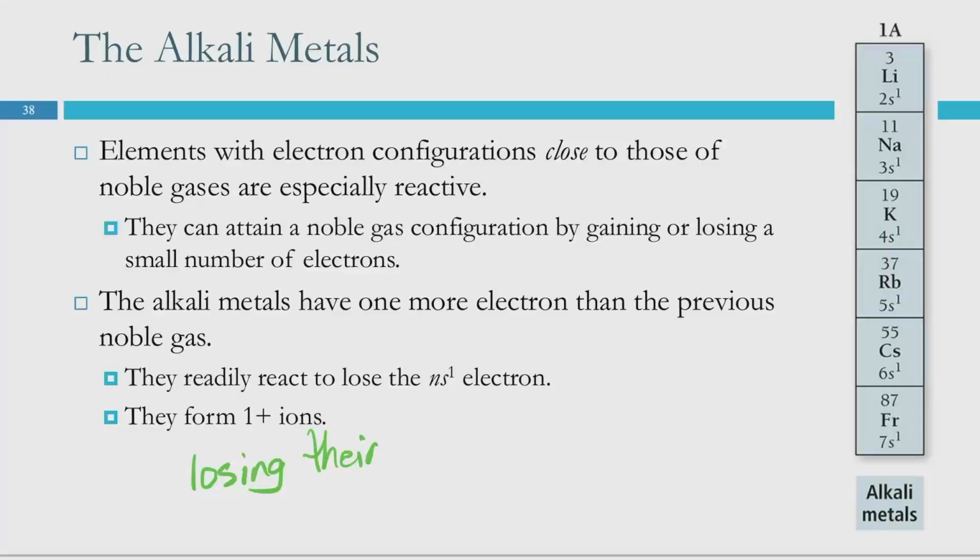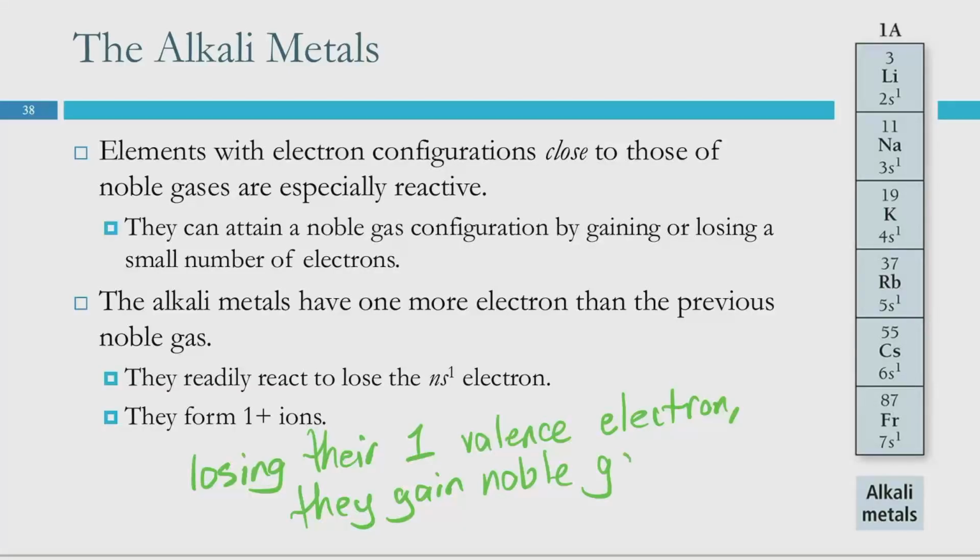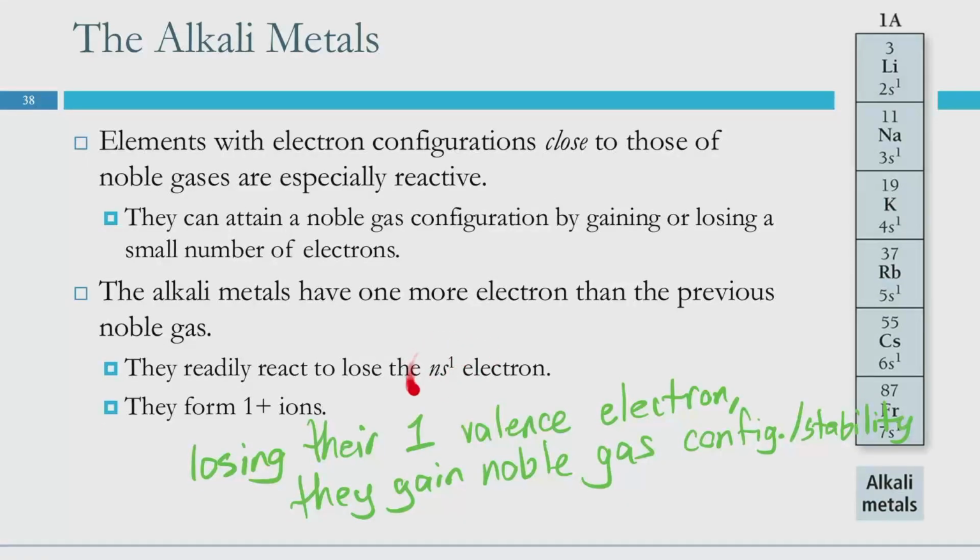If they lose their one valence electron, they gain noble gas stability, or noble gas configuration, which is especially stable. And as it turns out, it's relatively easy to lose that one electron.